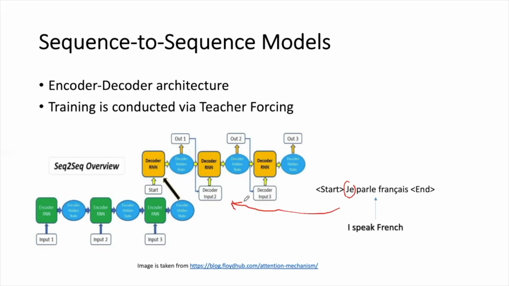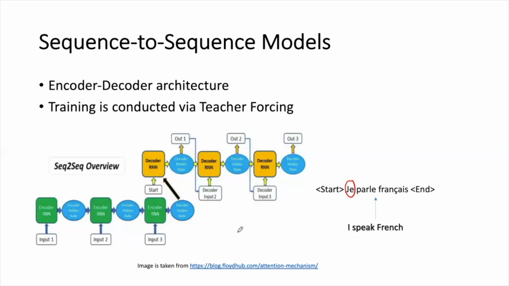Instead of passing what has been generated here, we can take the word from the reference sentence. That is what happens during training, and it helps us do faster training for the decoder. That's the benefit of it.